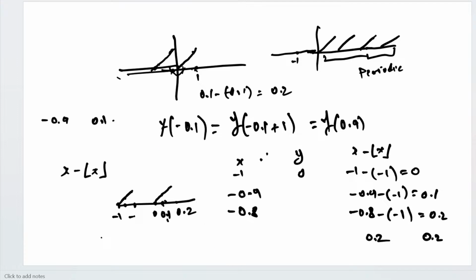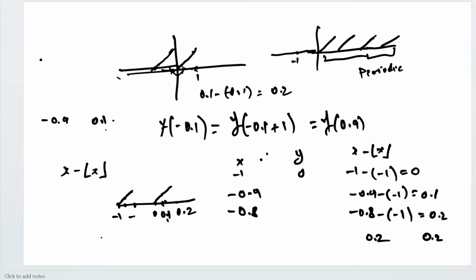Distance concept? Otherwise, I'll explain again. What is the distance between minus 0.9 and 0.1? Simple. What is the distance between these 2 points?